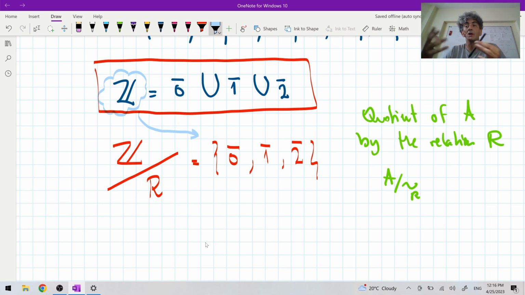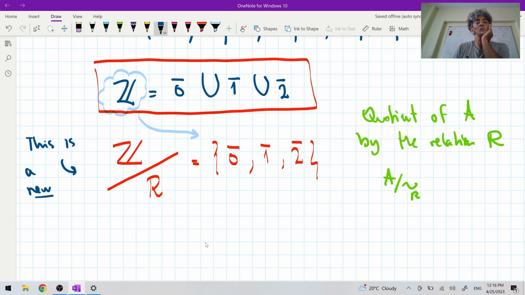It's a way of discerning and a way of classifying objects. It needs to be noted that this quotient is a new set with 3 elements in this case.